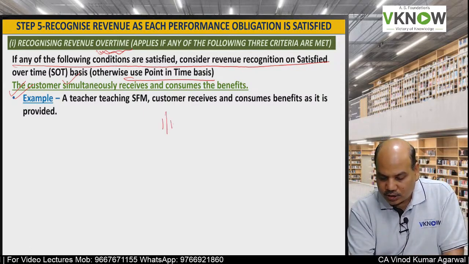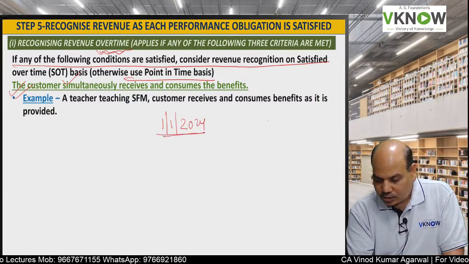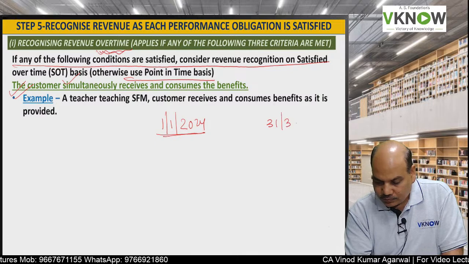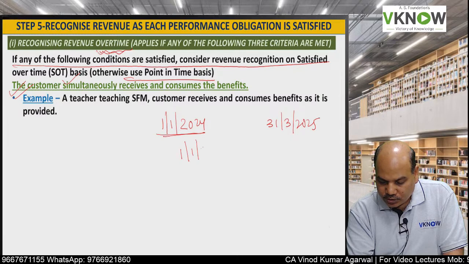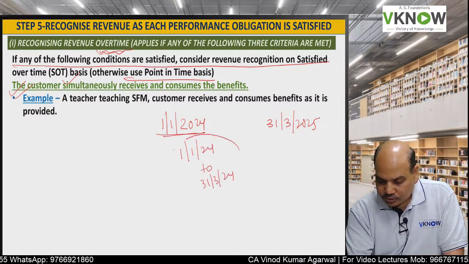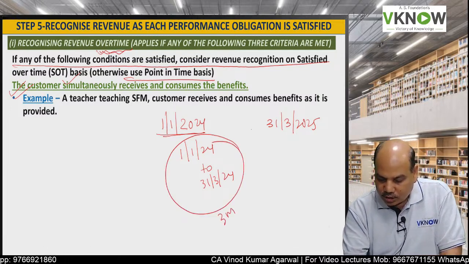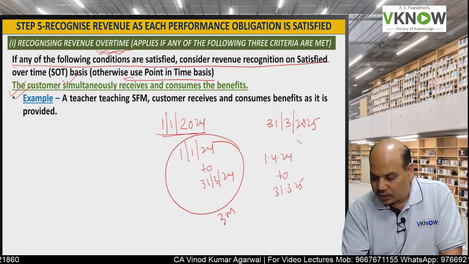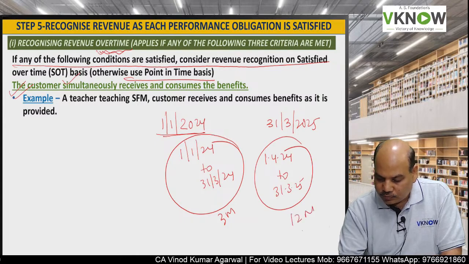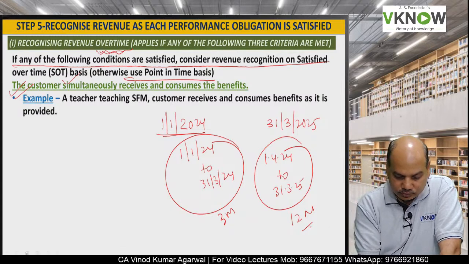Suppose our course started on 1st January 2024 and the course will go up to 31st March 2025. So what I'll do, from 1st January 24 to 31st March 24, 3 months revenue I will recognize in this financial year, and from 1/4/24 to 31st March 25, this 12 months revenue we can recognize proportionately in the next year.